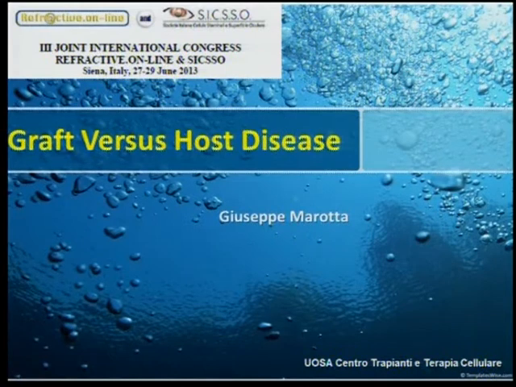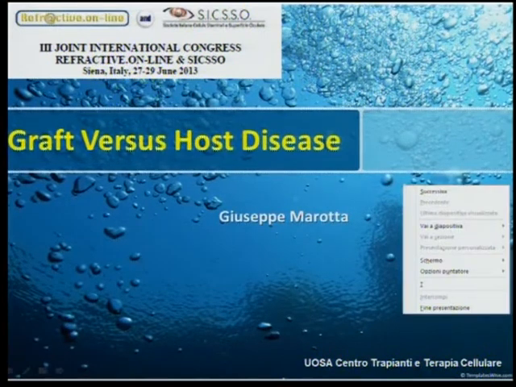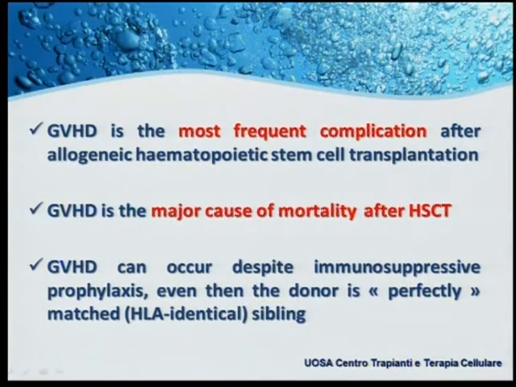In the next 10 minutes, I will try to describe the pathogenesis and the clinical manifestation of GVHD. Graft versus host disease is the most important and frequent complication after an allogeneic hematopoietic stem cell transplant, and it affects the results in terms of efficacy and mortality.